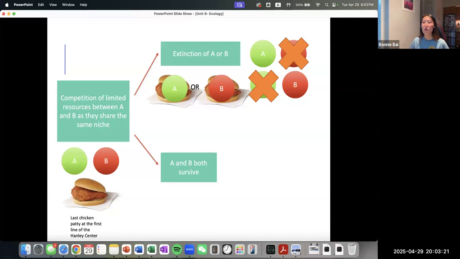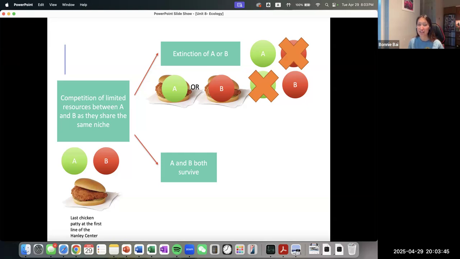Well, maybe one of them doesn't like chicken patties anymore and it decides to eat burgers instead. That is another possibility. So that is once again not a decision. It's a decision that a person can make, but in terms of evolution and outcomes of these ecological processes, it's really just natural selection doing its job.